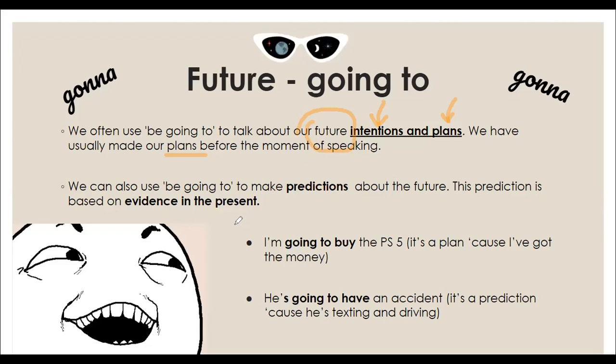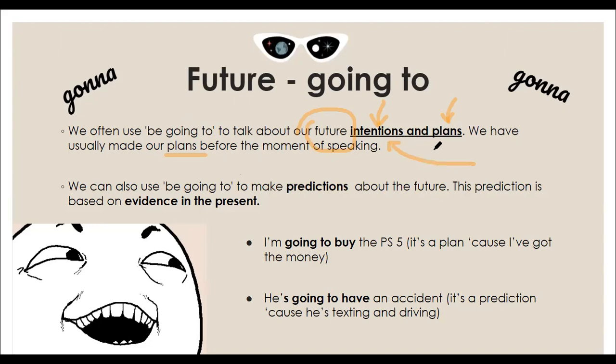Or if, for example, two people are talking about going to the cinema, we're going to the cinema tomorrow, it means they had a conversation before. Hey, what about Saturday? Do you want to do something? Yeah, let's watch a movie. Where? In the cinema. So that's a plan. A plan is when you had a conversation before. My example about the PlayStation fits with the intention.